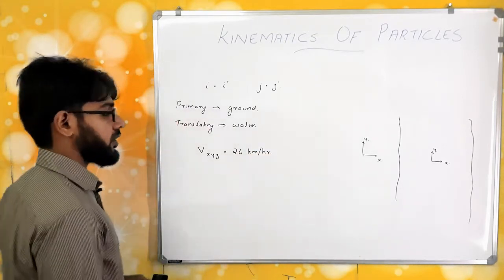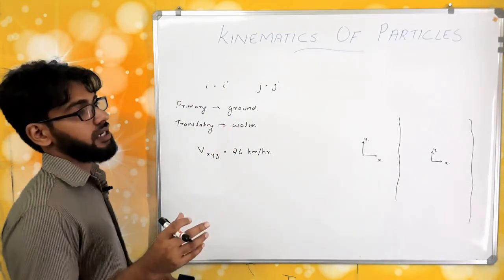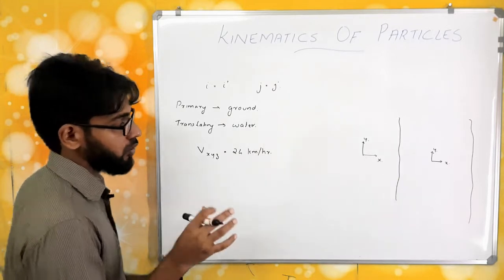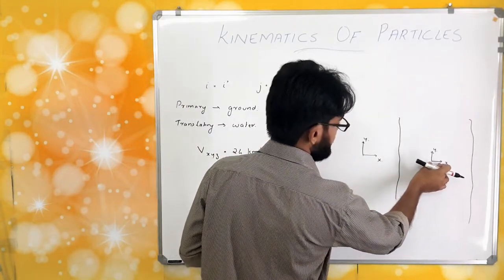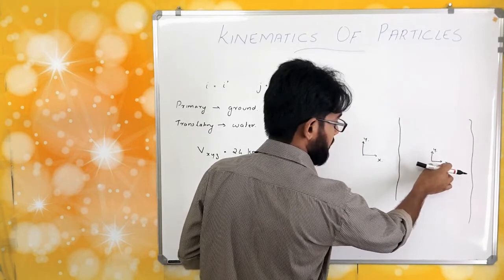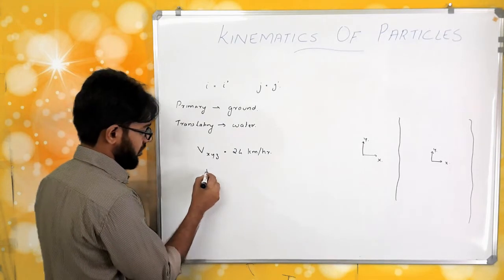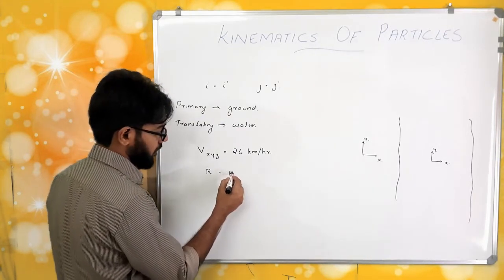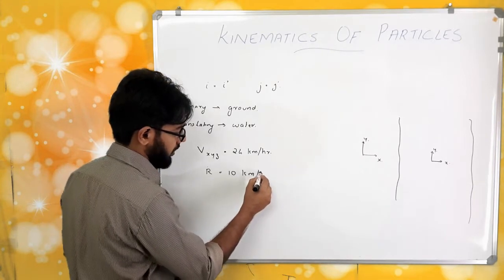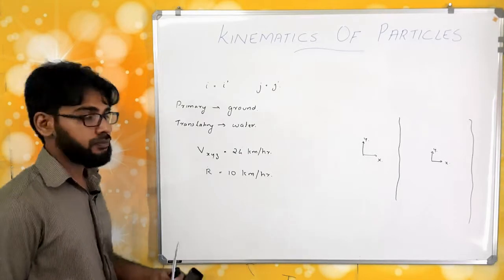It is also given that the velocity of flow of water is 10 km per hour, which actually indicates the velocity of the translating frame with respect to the fixed frame. So I can give R dot is equal to 10 km per hour. These are the magnitudes alone.